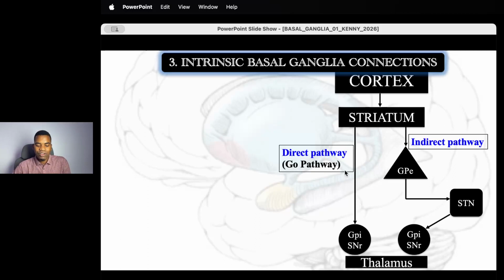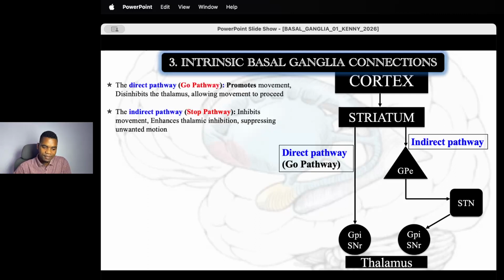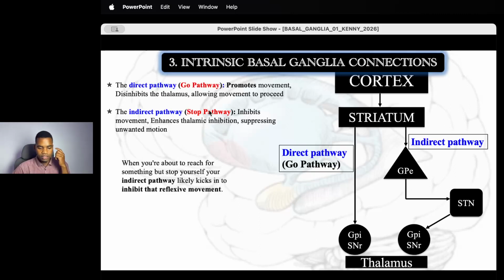The direct pathway is also referred to as the go pathway because it facilitates movement, and the indirect pathway inhibits unnecessary, unwanted movement. In simple words, the direct pathway promotes movement, and the indirect pathway inhibits movement. In other words, someone can refer to the direct pathway as the go pathway and the indirect pathway as the stop pathway.